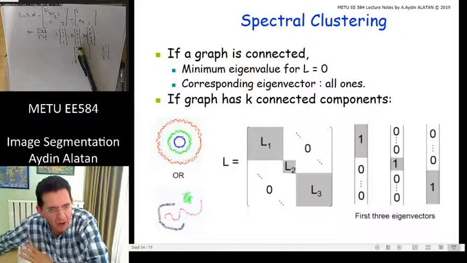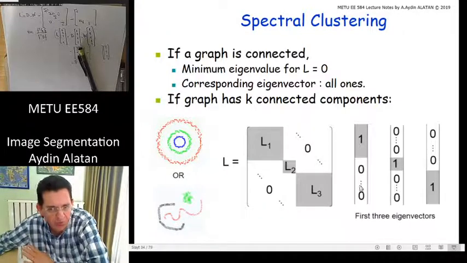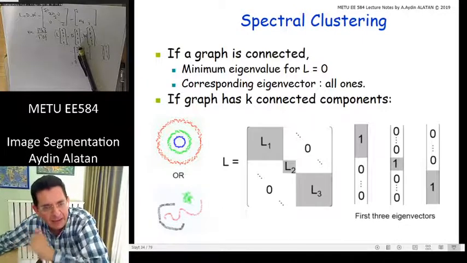If you have multiple clusters, those multiple clusters will give you these kind of eigenvectors, non-zero sum of the terms, 0 for the other terms, ideally. But please note that maybe you remember we have a relaxation step during this solution. We have the normalized Laplacian.